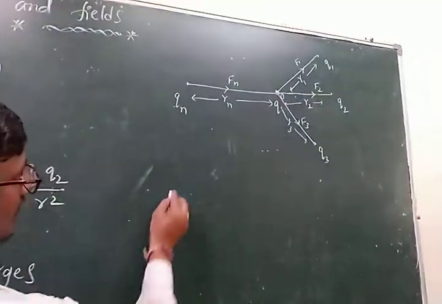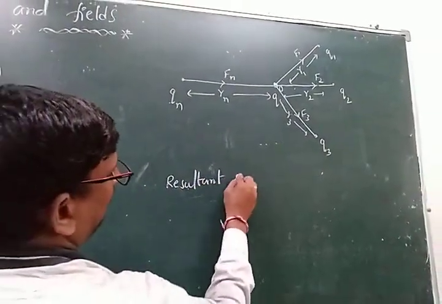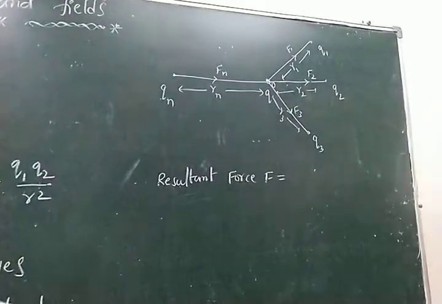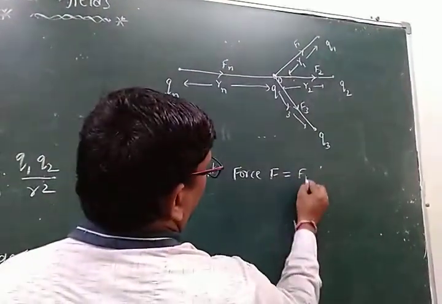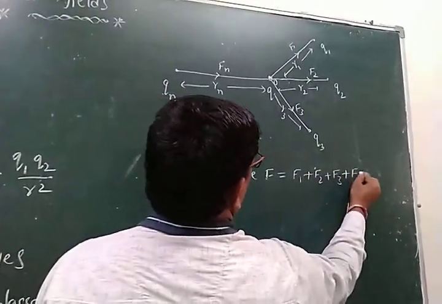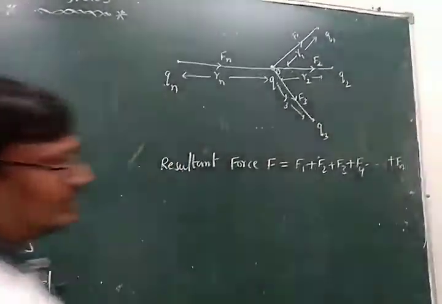Therefore, the resultant force F is equal to F1 plus F2 plus F3 plus F4 and so on plus Fn.